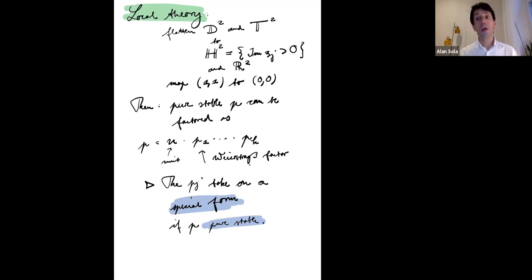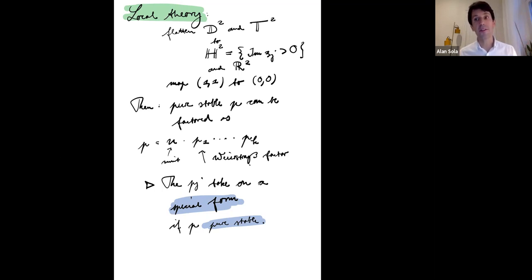Now when P is assumed pure stable, that is with no zeros in the bi-upper half plane, but possibly some zeros on R2, these Weierstrass factors take on a special form.